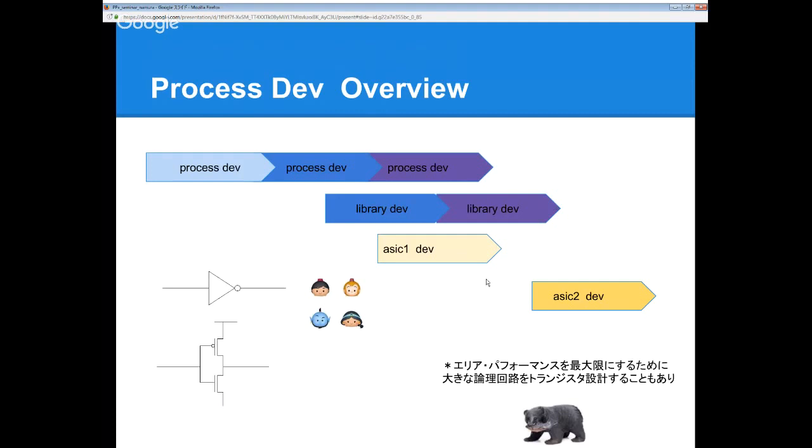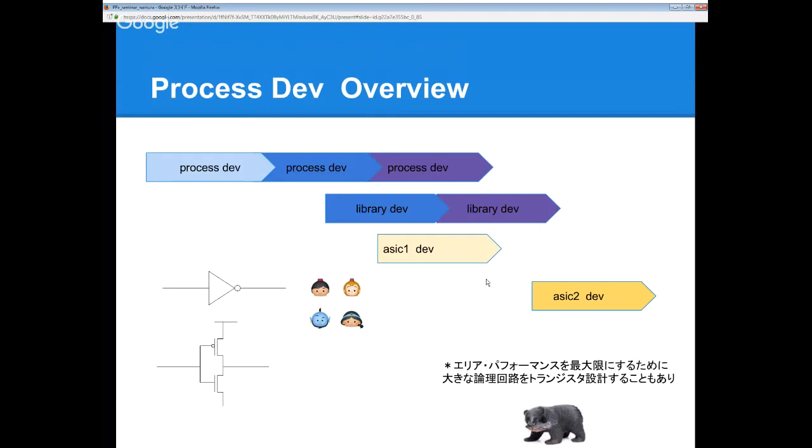We define the process. Then, with such information, we do a cell level design. For instance, here is an inverter. We make this inverter with two transistors, and these transistor characteristics depend on the process.